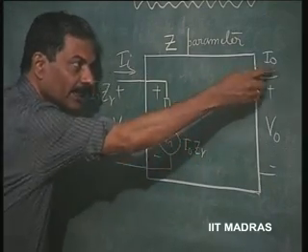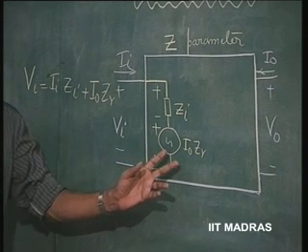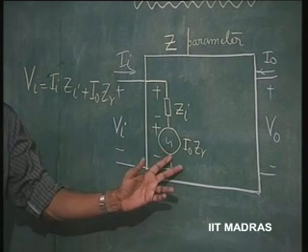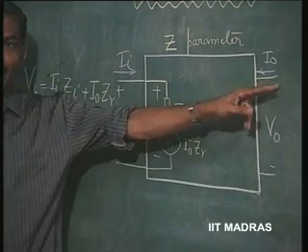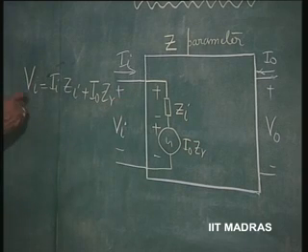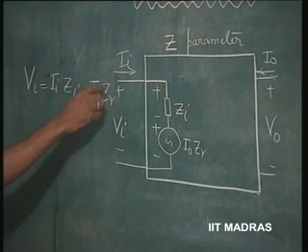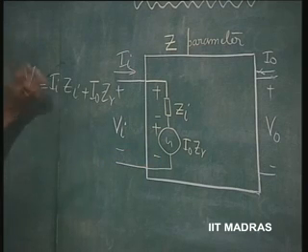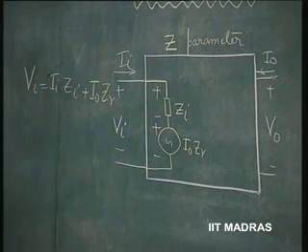This is related to the current flowing in the other port, so I can only represent it as a dependent voltage source. This voltage source's voltage is dependent upon the output current. They come in series because the voltage is this voltage plus that voltage. So, the pictorial representation of this equation is what is called an equivalent circuit.